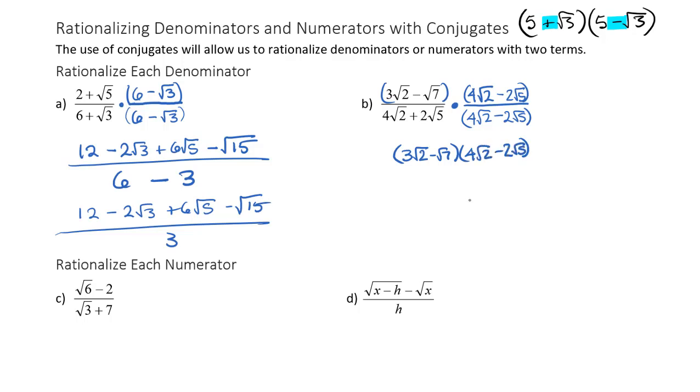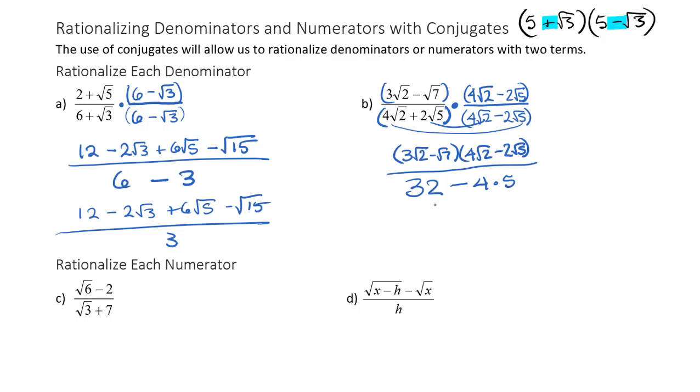In the denominator, I know that 4 times root 2 multiplied to 4 times root 2 will be 16 times 2, or just 32. My two middle terms will always add to 0 because the outer and the inner are identical except for their signs. And lastly, a positive 2 root 5 times a negative 2 root 5 will be a negative 4 times 5.